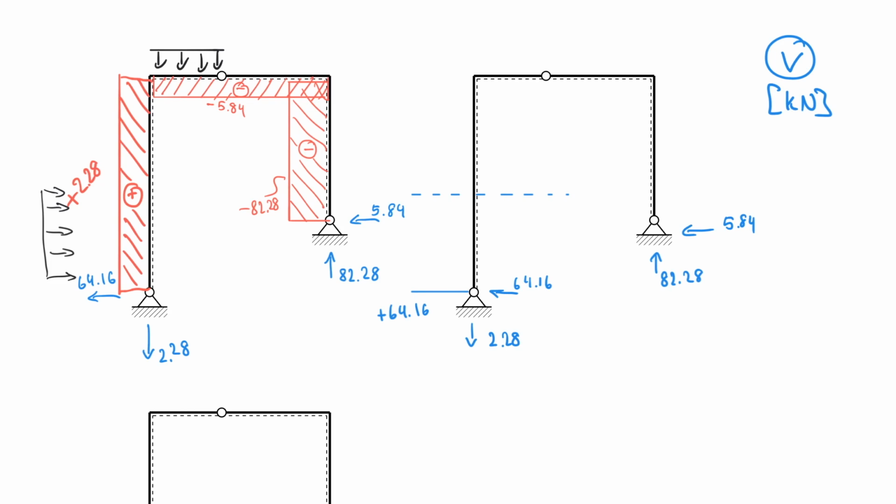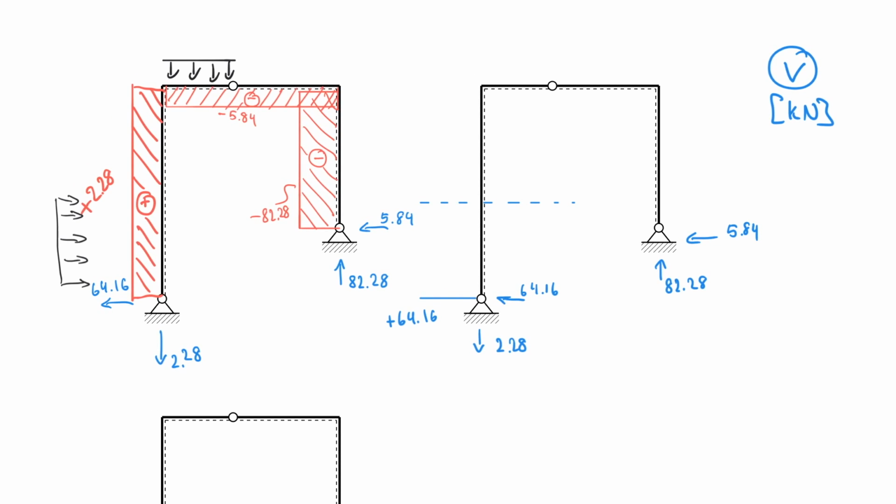And so I have to go down from 64.16 over that distance with actually 20 kilonewton per meter. And so I will pass through 0, and that will become interesting when we talk about the moment diagram. Let me just draw that properly for you.